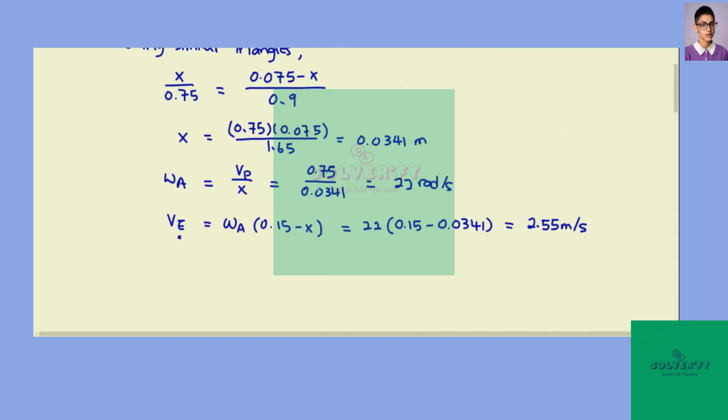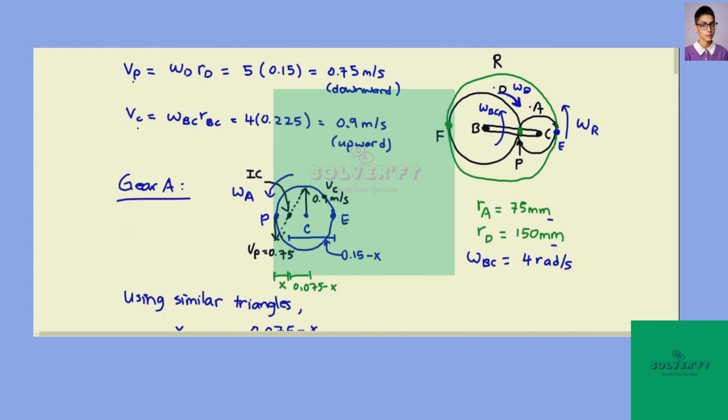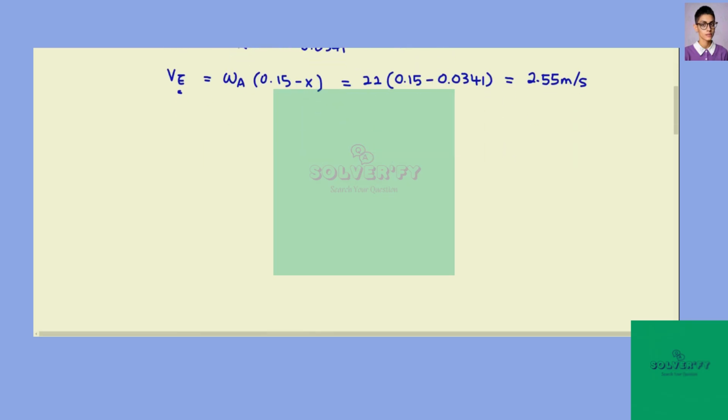VE is needed because VE is on gear R. So now we go to gear R. For gear R, we have 2 points of interest.